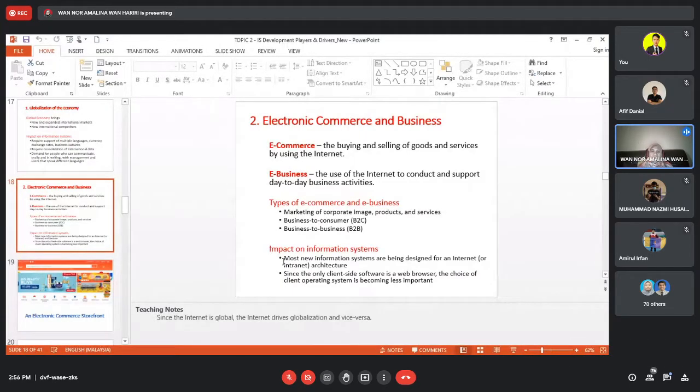Now most new IS are being designed for internet or intranet architecture. So the architecture to build up the IS, have to cater for internet and intranet. Nanti sekejap lagi saya akan terangkan tentang class project and I will relate it to this. Okay.